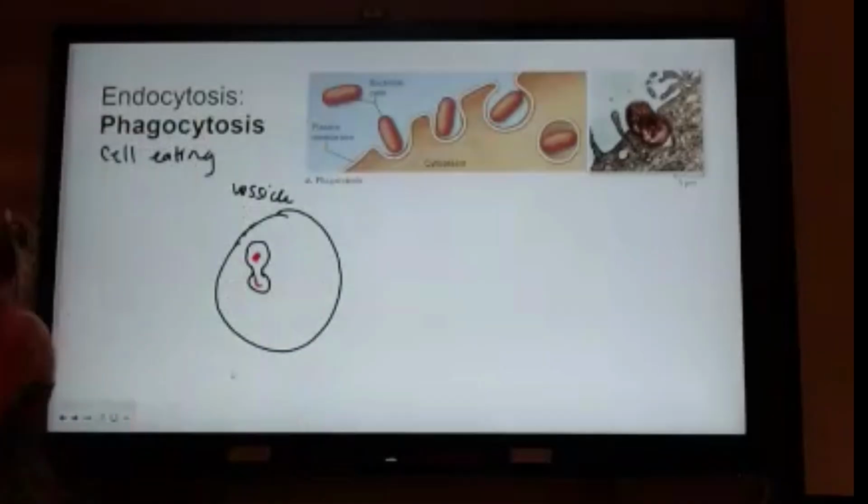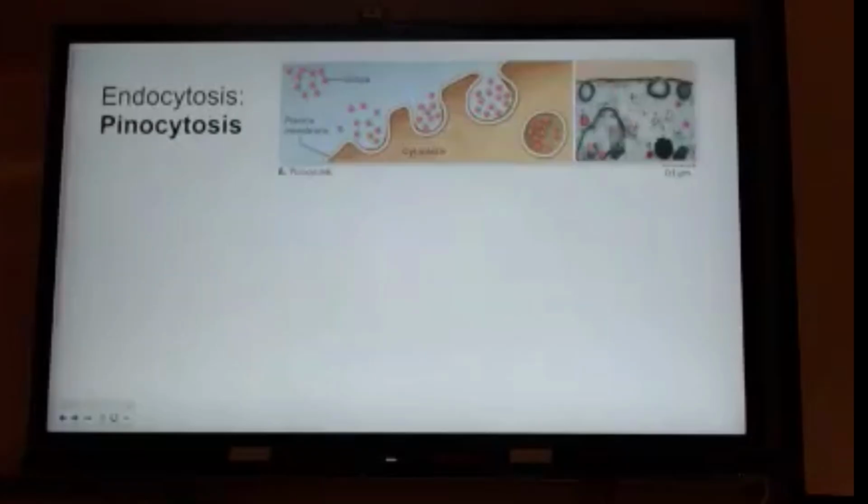Okay, so now we know what's happening, and this major thing of creating a vesicle is pretty much how we're going to do all of the phago, pino, receptor mediated, and exocytosis.